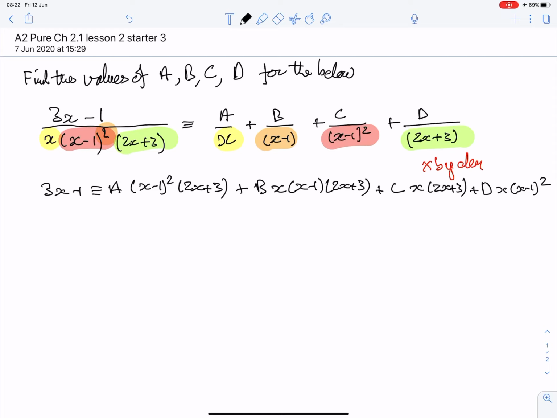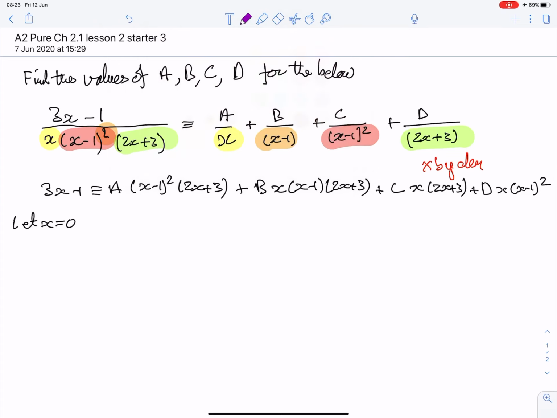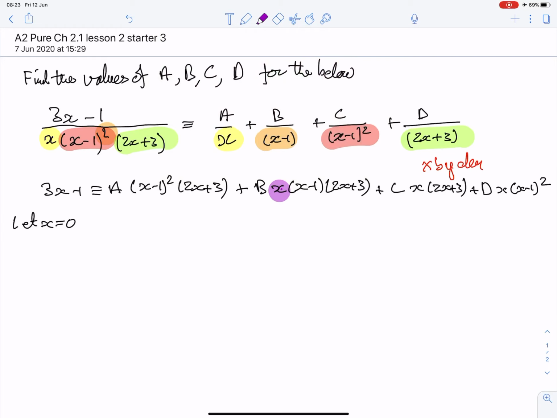Okay, so now we can go through and use our standard approaches by putting in values of x. So let x equal 0 first, because we've got an x term in B, C and D. So B, C, and D will be eliminated because B times 0 is 0.